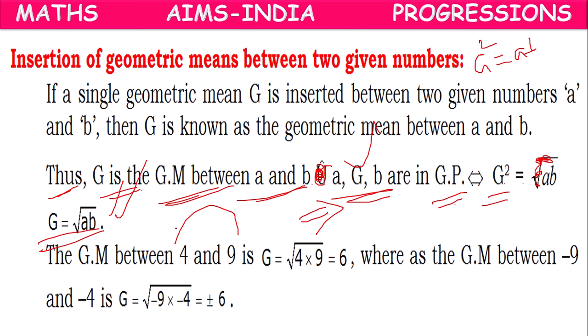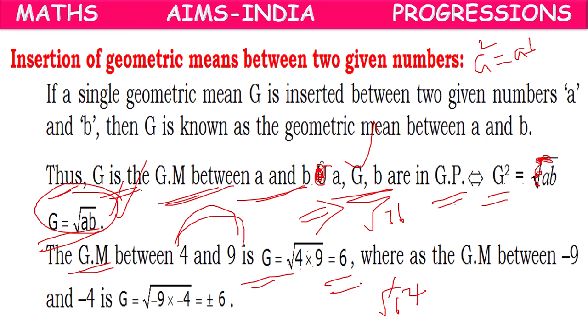So if you want to find the geometric mean between 4 and 9, according to this formula, the geometric mean G will be root of 4 into 9, means root of 36, root of 6 square. Square root cancels, the answer will be 6.